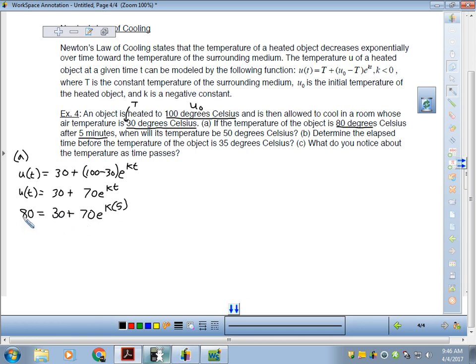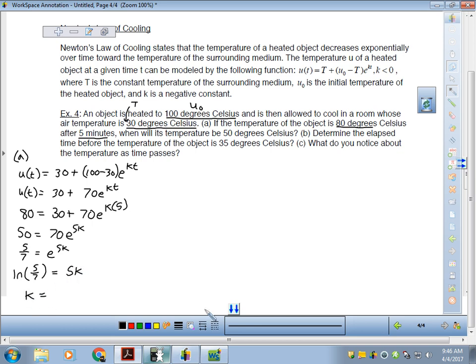So subtract the 30 across. 80 minus 30 is 50 equals 70 e to the 5k. Divide the 70 across. So 50 divided by 70 is the same thing as 5 over 7 equals e to the 5k. Take a natural log. So natural log of 5/7 equals 5k.